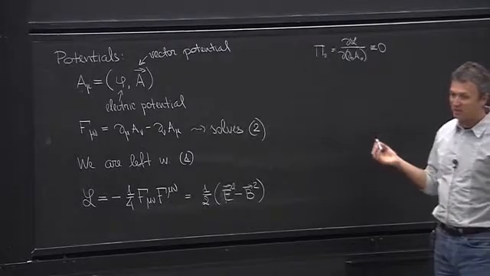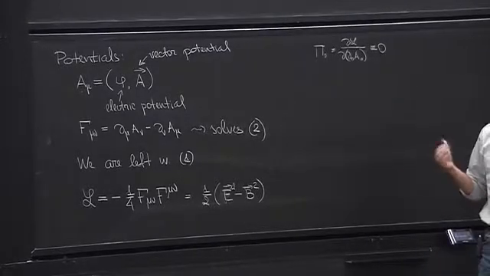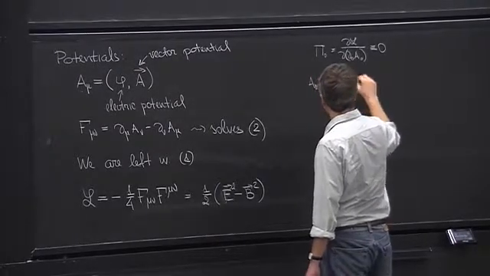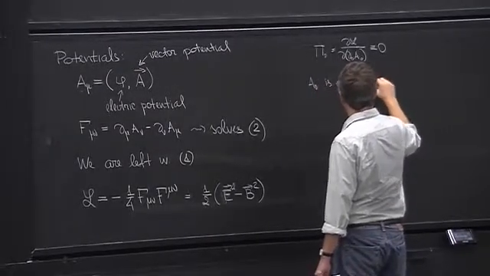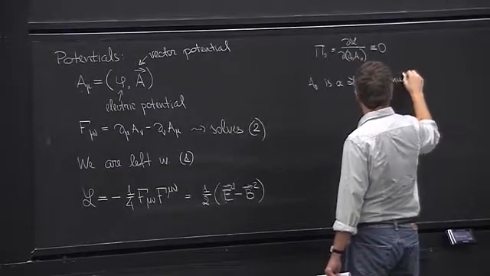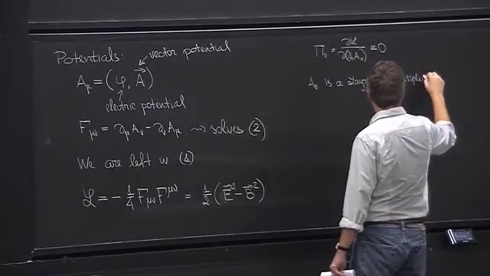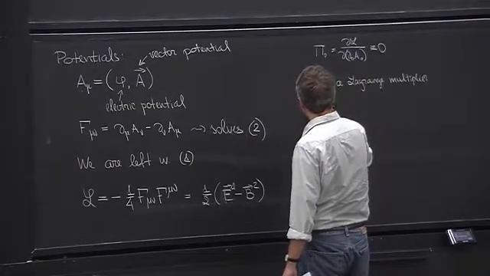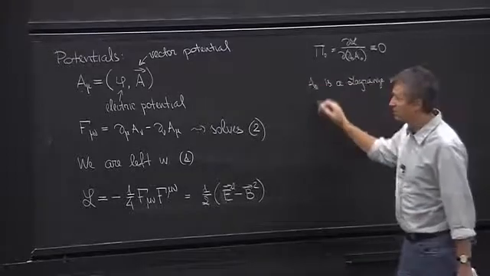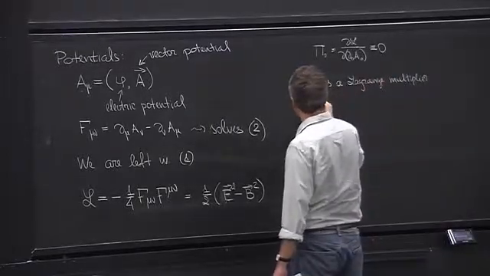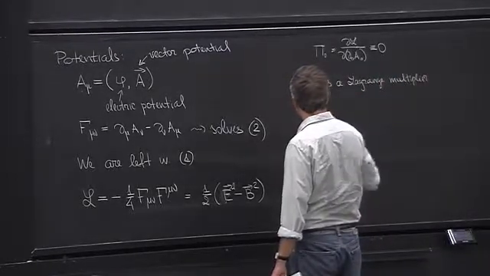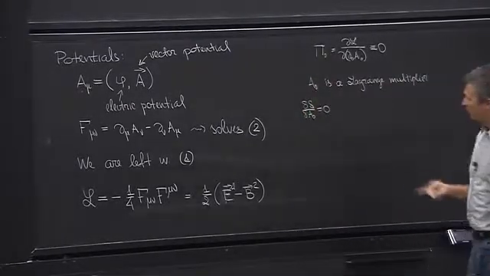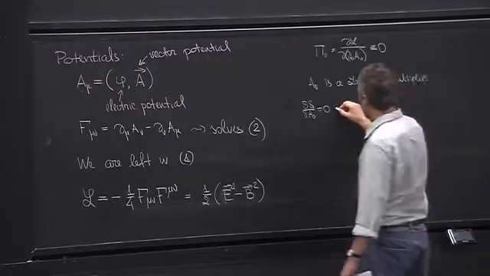It's not really a dynamical variable, it's a Lagrange multiplier. So the equation of motion for A0, so the result of varying the action with respect to A0, is not really a Hamiltonian equation, but is a constraint.